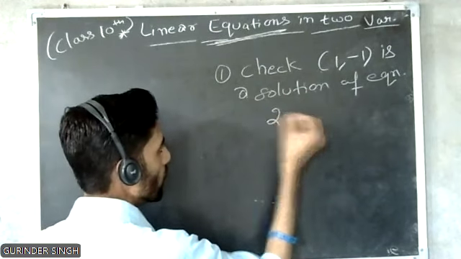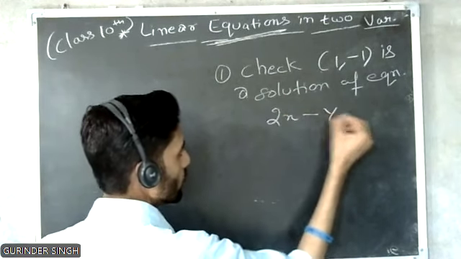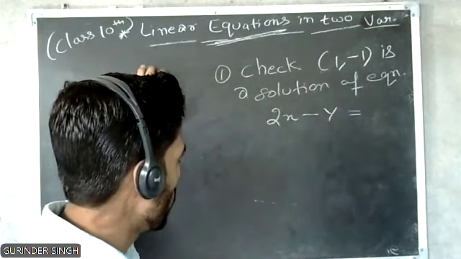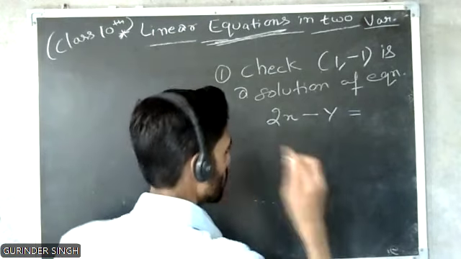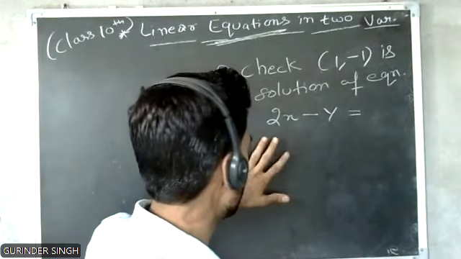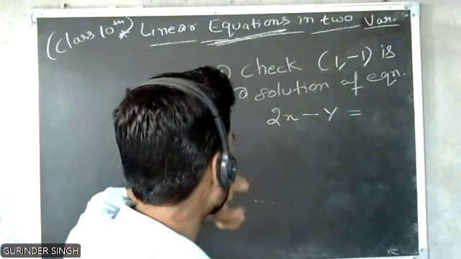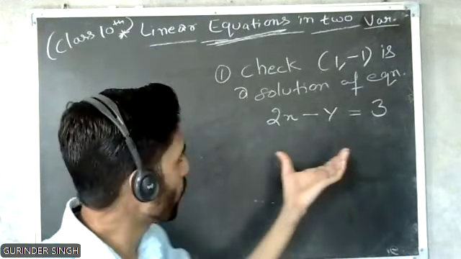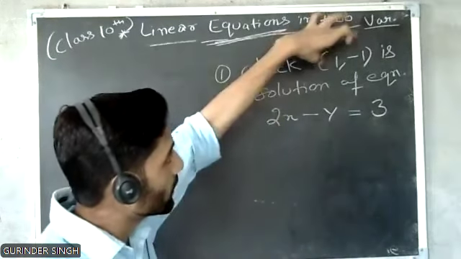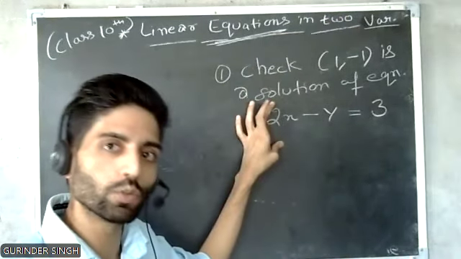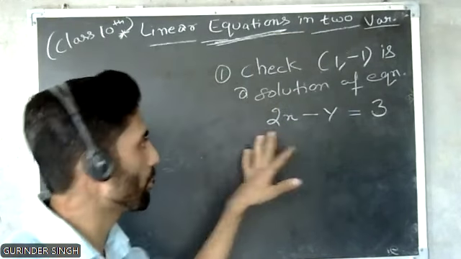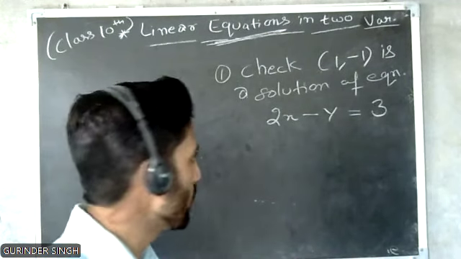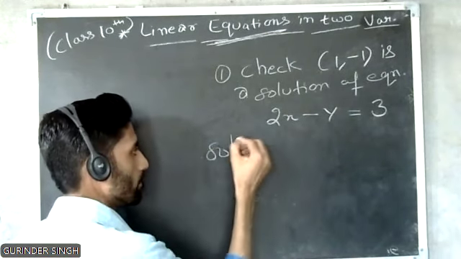This is like 2x minus y is equal to, let me make it 3. So what is my question? They are saying check whether this point is a solution of this equation or not. This equation is specifically a linear equation in two variables. That's the chapter, right?